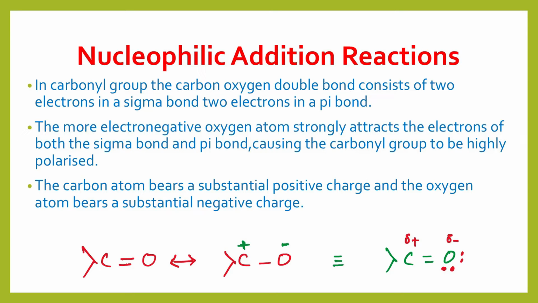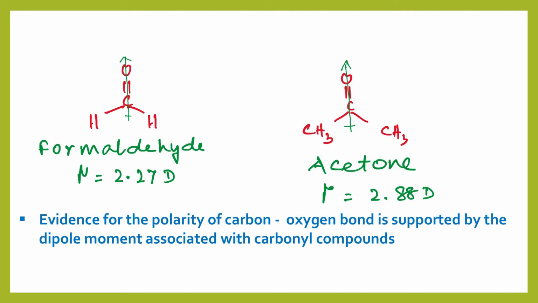The carbon atom bears a substantial positive charge and the oxygen atom bears a substantial negative charge, which is also supported by resonance. This polarity is also supported by the dipole moment. You see, it is displayed on our screen, formaldehyde possesses a dipole moment of 2.27 D, whereas acetone possesses a dipole moment of 2.88 D, and this dipole moment indicates that carbonyl compounds are polar.